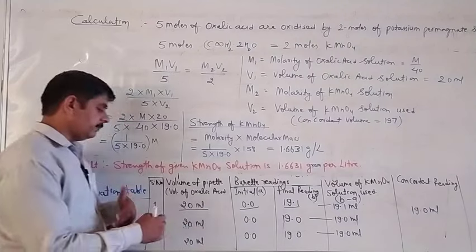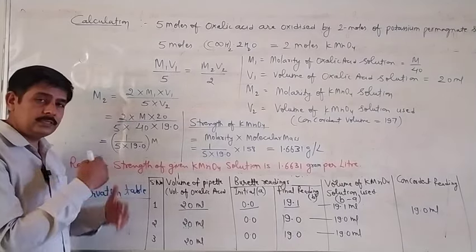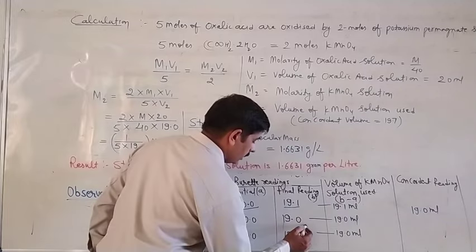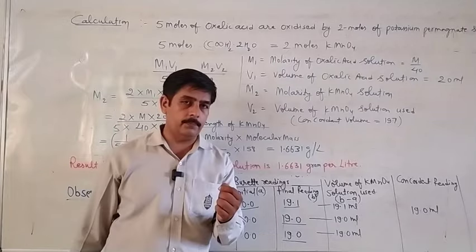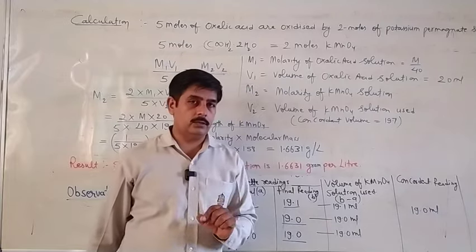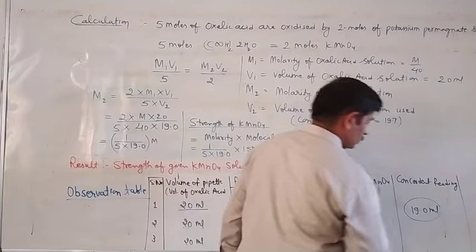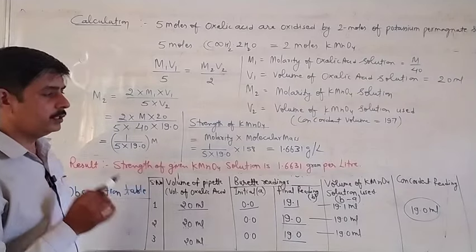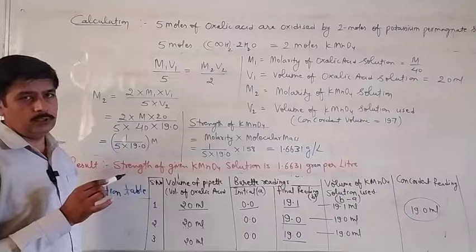Then I repeated the same experiment a second and third time, and I found that the values were 19.0 and 19.0. These two values were approximately the same, so they are the concordant reading. So 19.0 ml of KMnO4 solution is the concordant reading. We will use this concordant reading in the calculation.